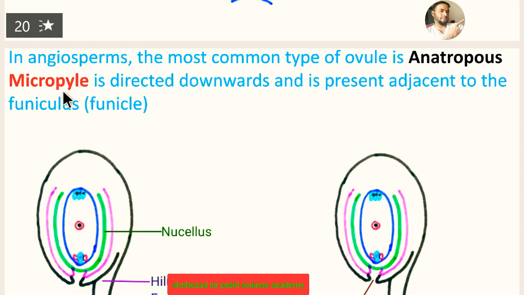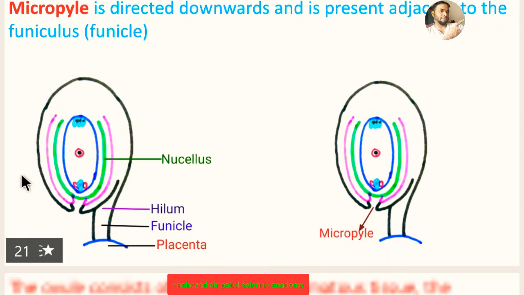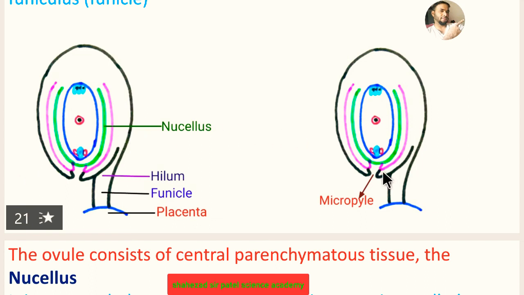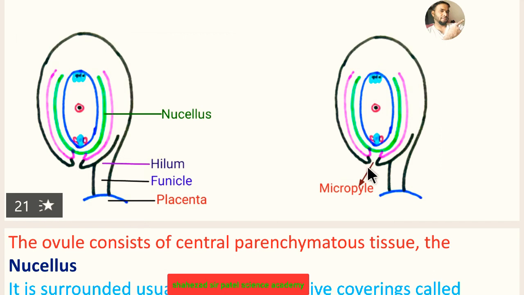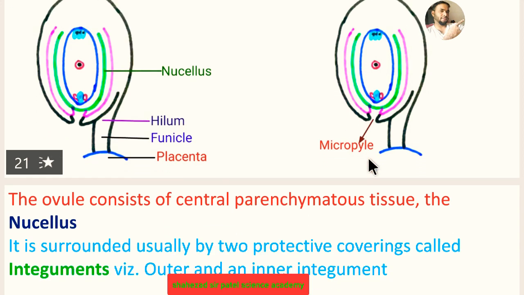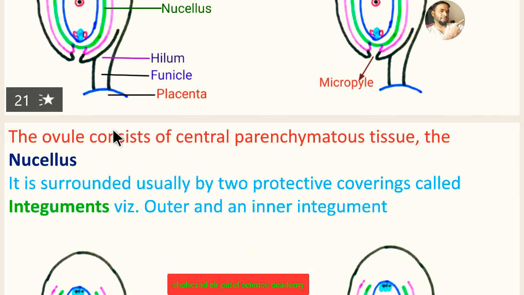The micropyle is directed downward, and it is present adjacent to the funicle. So as you can see here, this is the micropyle and it is always downward in direction, because it is an anatropous ovule, and it is the speciality of angiospermic plants that the micropyle is located in a downward direction. Adjacent to it there is the funicle.